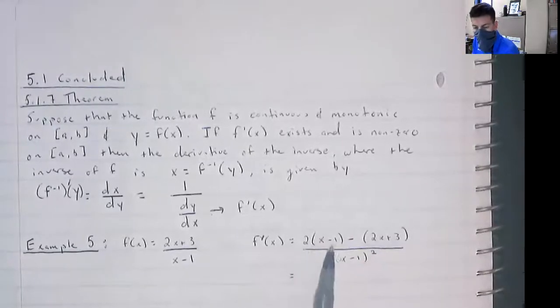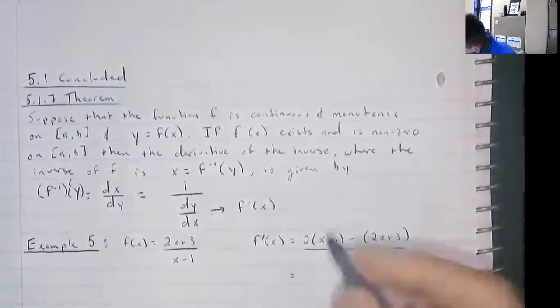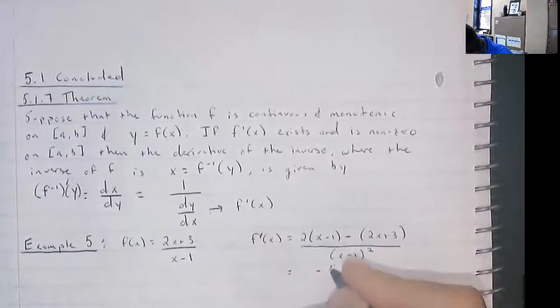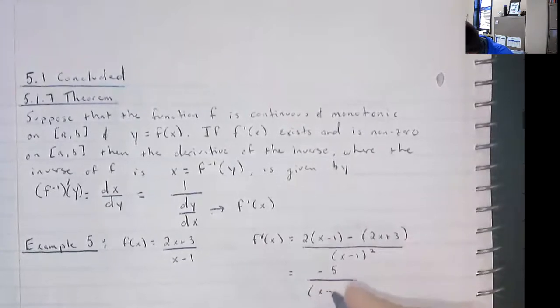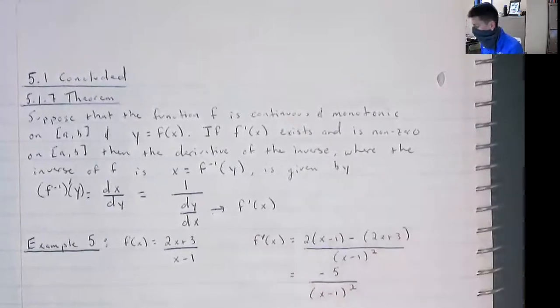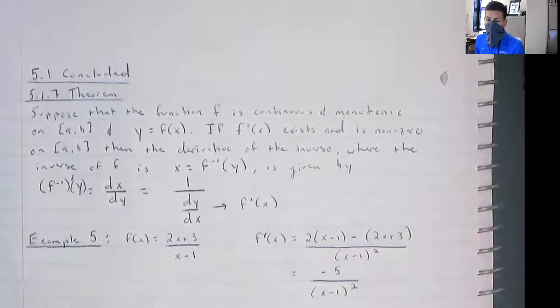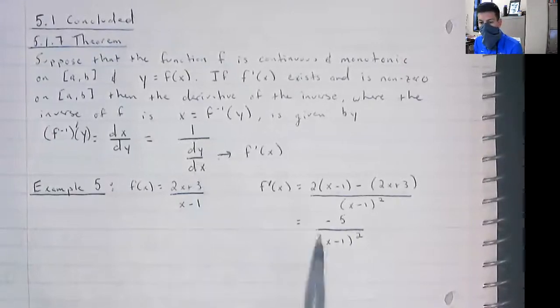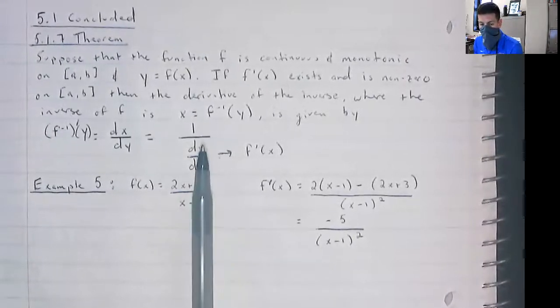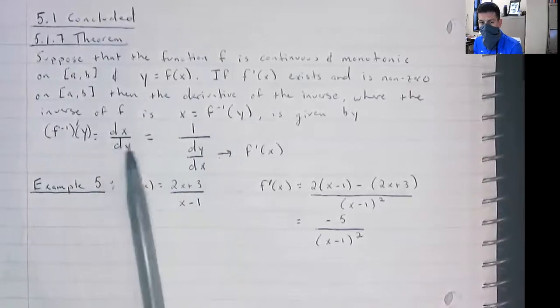Well, distributing this, we get 2x minus 2x, the 2x's cancel out. Negative 2 minus 3 is negative 5. And so the derivative of this guy is negative 5 over (x minus 1) squared. Allegedly, if we put this guy underneath 1, that's going to be the derivative of our inverse.